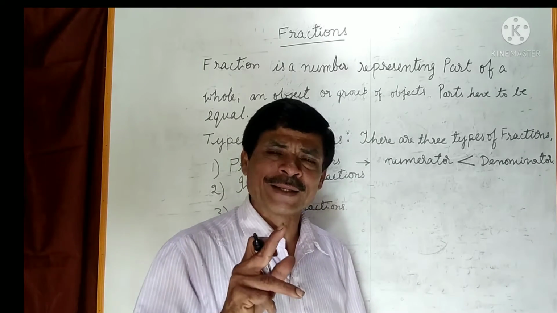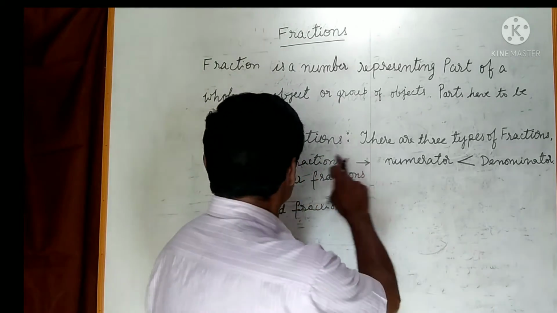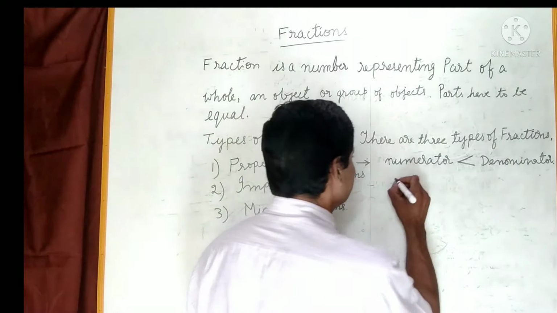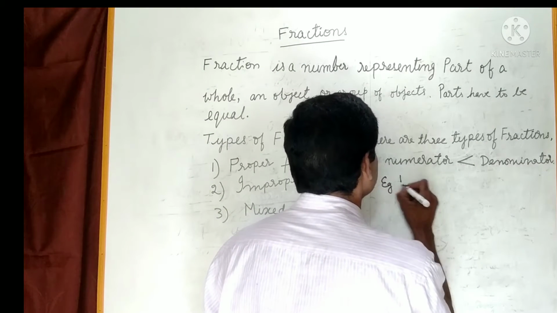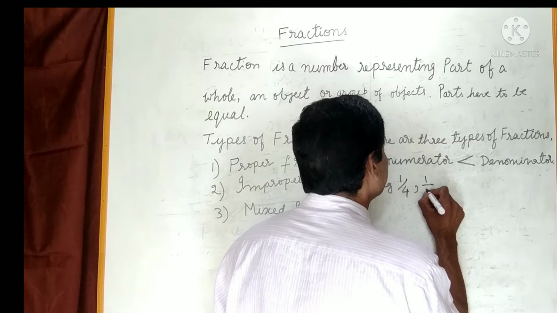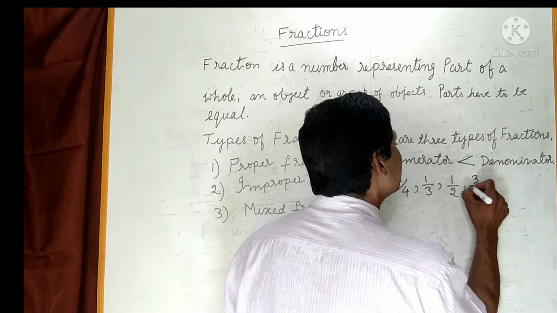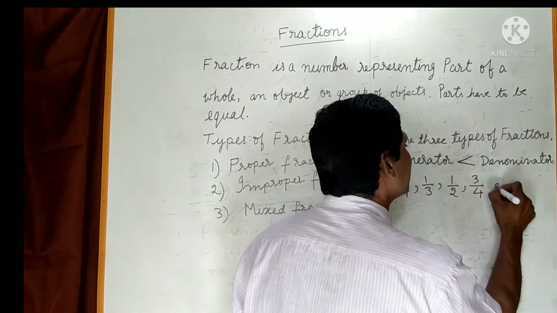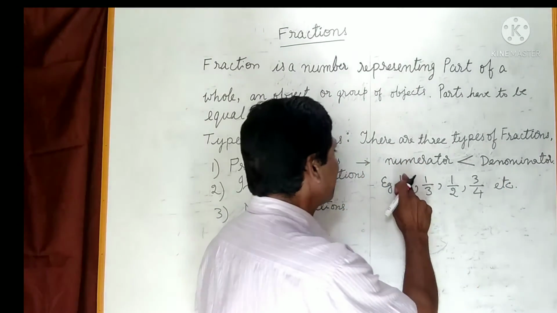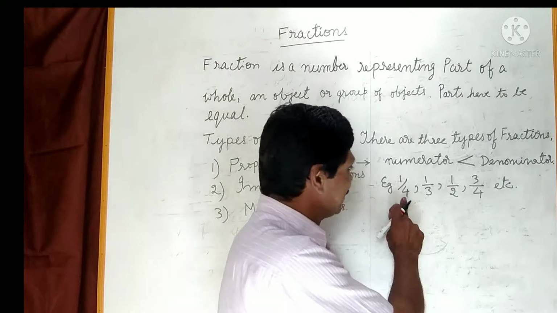That means the fraction whose value is less than 1 is called a proper fraction. We will take the example: 1 by 4, 1 by 3, 1 by 2, 3 by 4, etc. Here the numerator is less than the denominator.